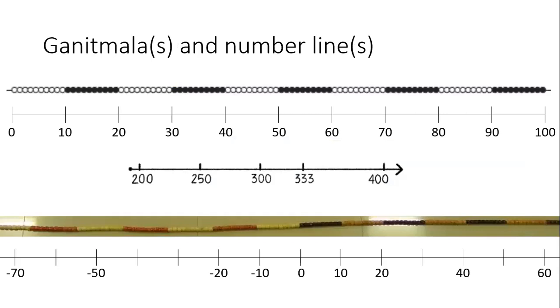Now, if you notice, the top black and white one is a single Ganitmala, and you can see it goes from 0 to 100, and the corresponding number line. Notice that number line and the number line below, there are some differences.